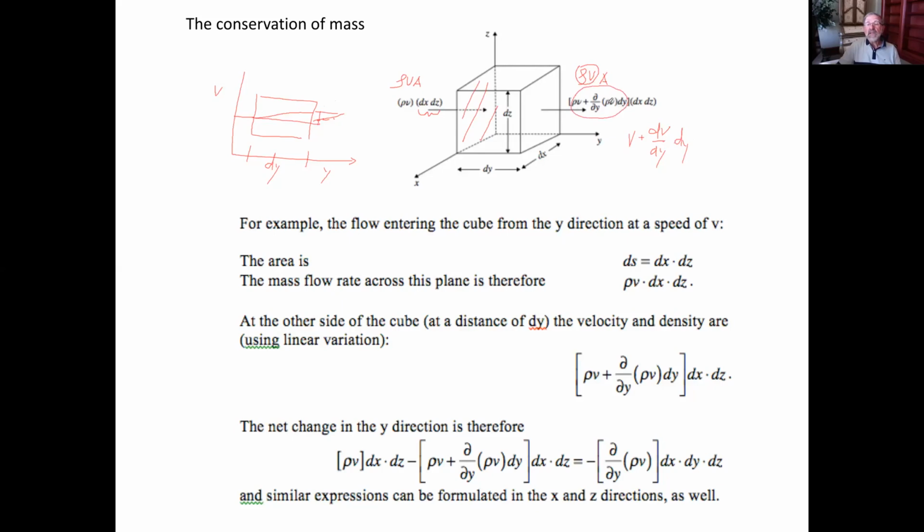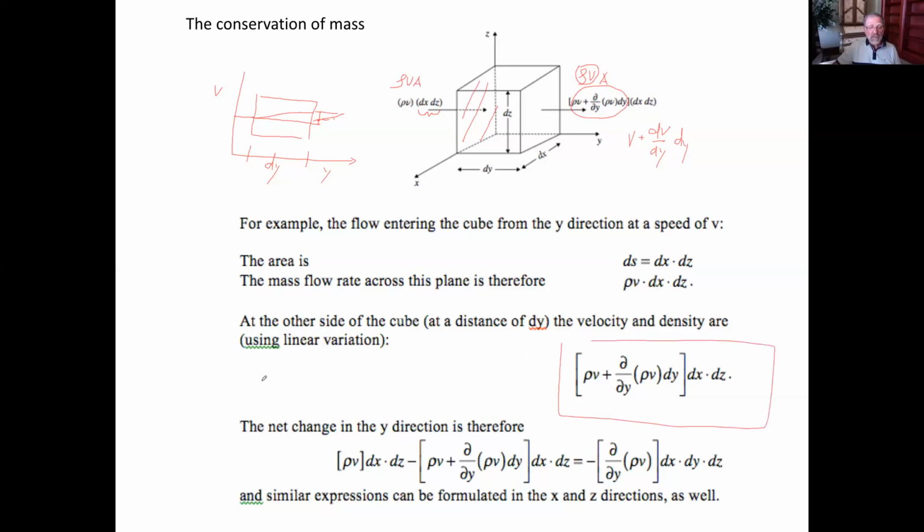I also added the density, because we can do the same trick for the density, multiplied by the area, which is the area here. So that's it. Then what is the accumulation inside? The accumulation inside is the difference between what is going out and what is coming in.